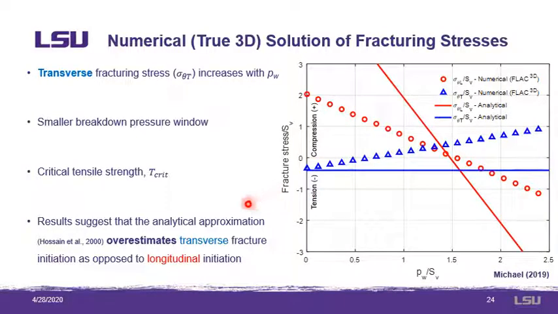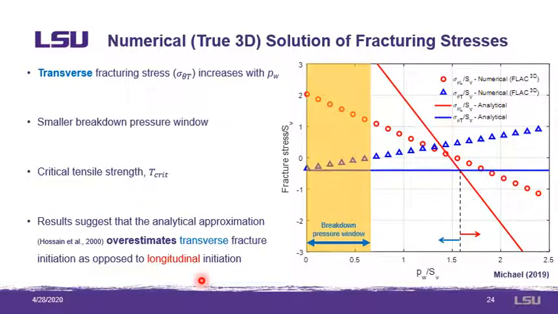This has significant implications on the breakdown pressure window concept I mentioned earlier, which is originally expected to be from 0 all the way to this point here. Now it's restricted to this narrow yellow shaded region, less than 50% of the original expectation.